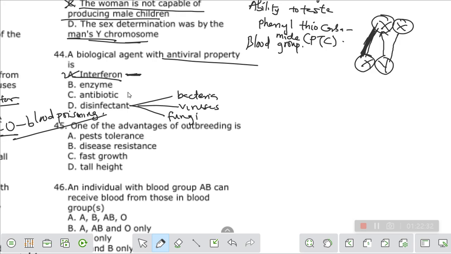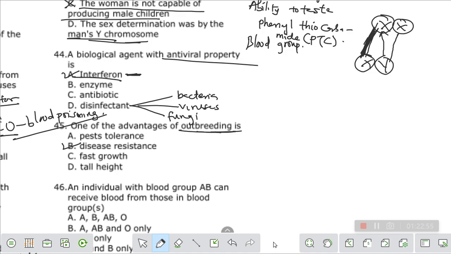Now this is the logic. AB can receive blood from A, from B, from AB, and from O. So all these 4, it can receive blood from. Why is O the universal donor?